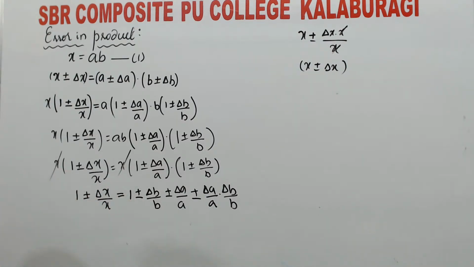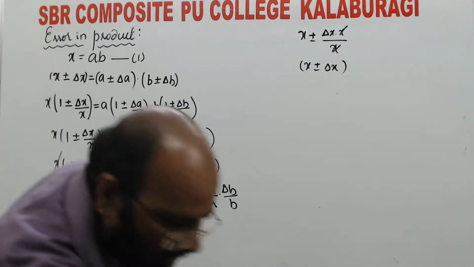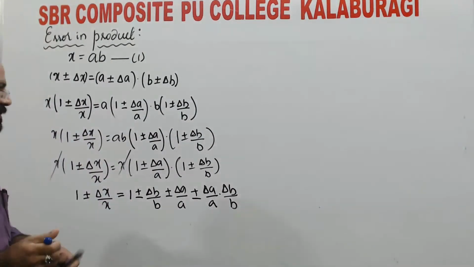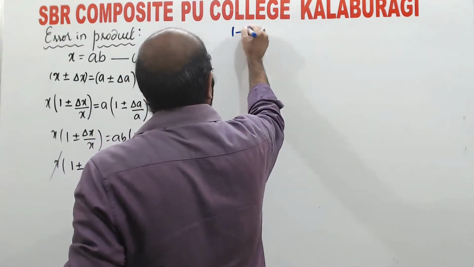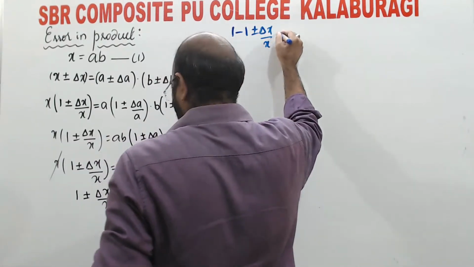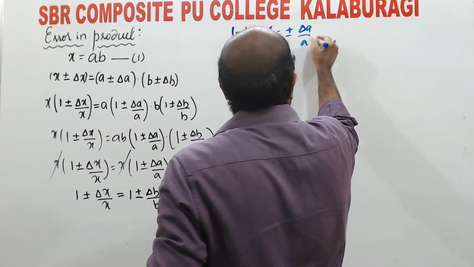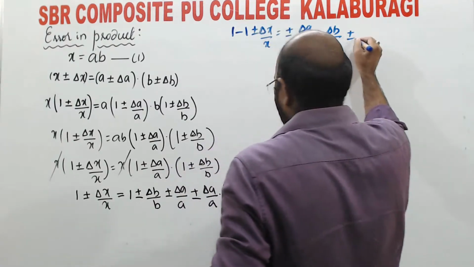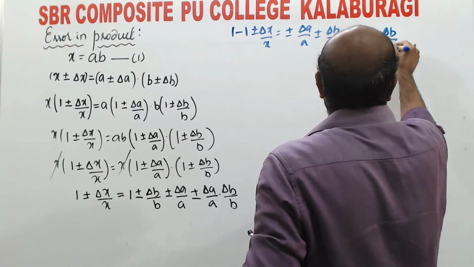We get 1 minus 1 plus or minus delta x by x equals plus or minus delta A by A plus or minus delta B by B plus or minus delta A by A into delta B by B.